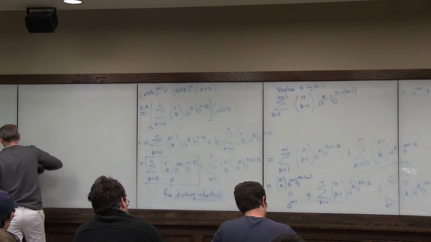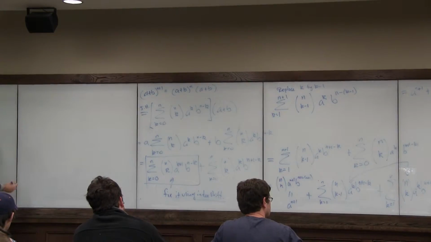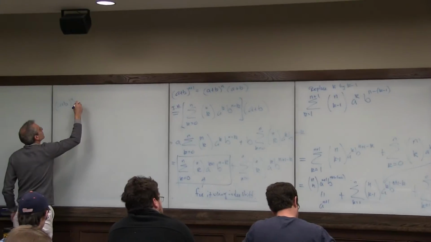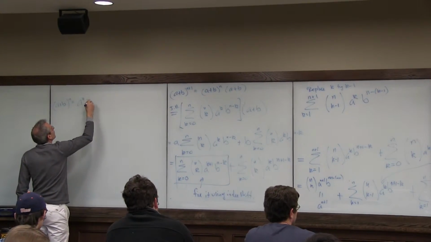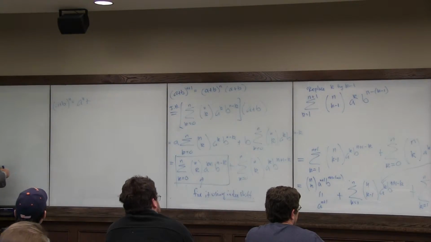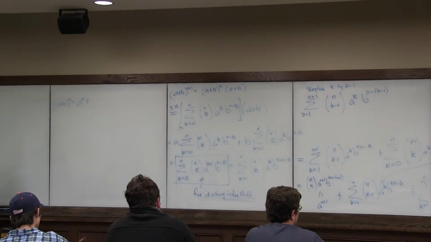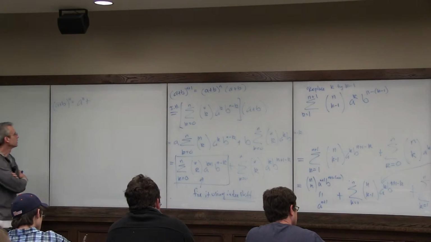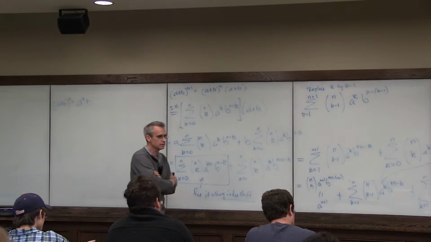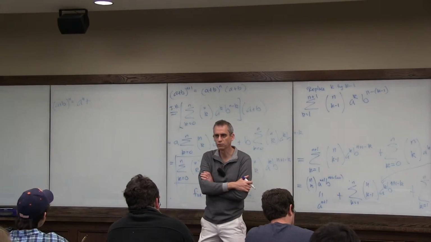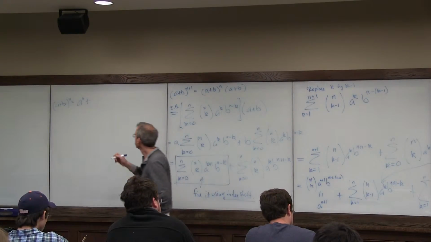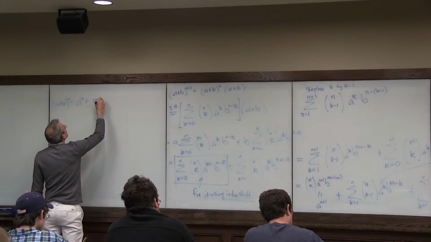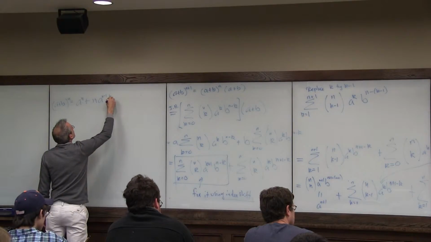So to start with, let me just start writing out some terms. Okay, so a plus b to the n, this equals a to the n. Okay, what's the second term? It's always n choose 1, which is n. And this term? A to the n minus 1.